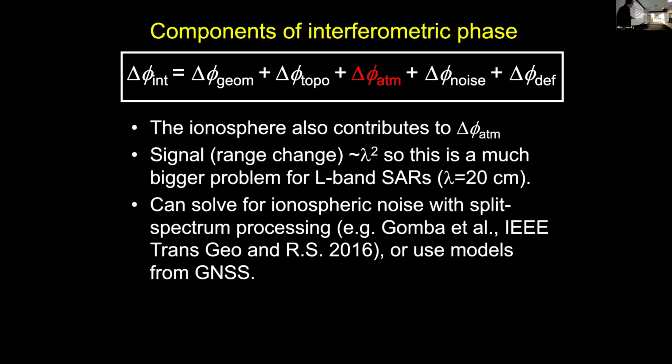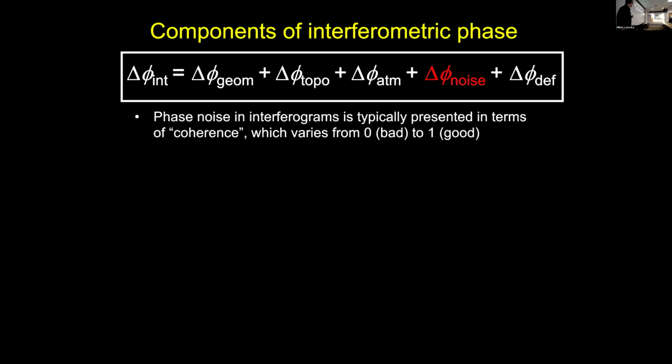So this one is not a huge problem for Sentinel data, but it can be a problem if you're looking for very small signals. I've lumped a few things into noise, unfortunately. The main one is phase noise that's very local, due to what's called incoherence or coherence.